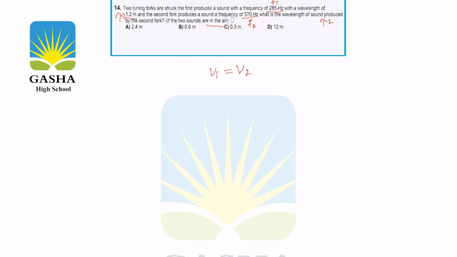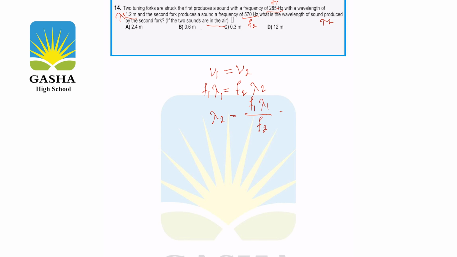The air, the medium, is the same, so the speed of sound is the same. So V1 is F1 lambda 1 based on the rule, and that's F2 lambda 2. So lambda 2 is the unknown, and that will be equal to F1 lambda 1 over F2.